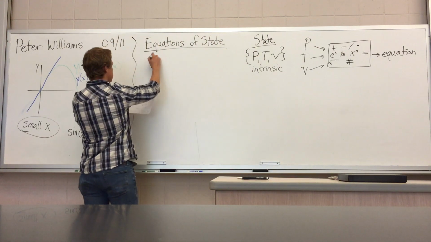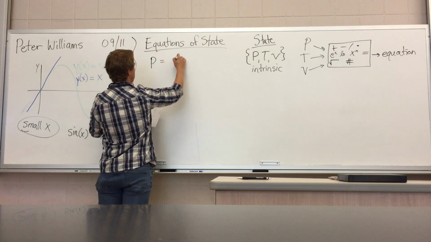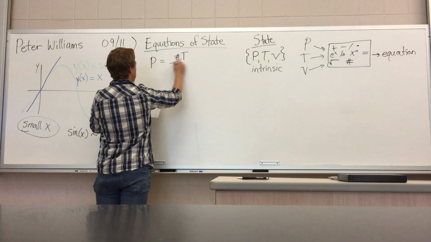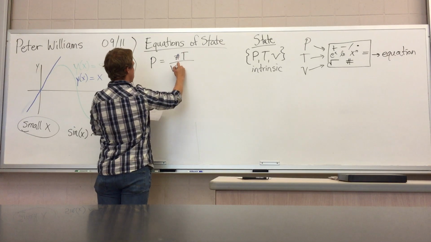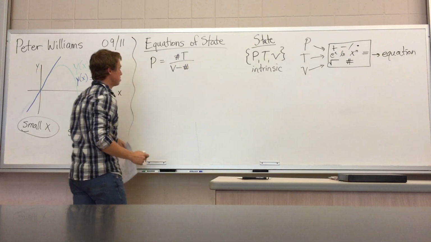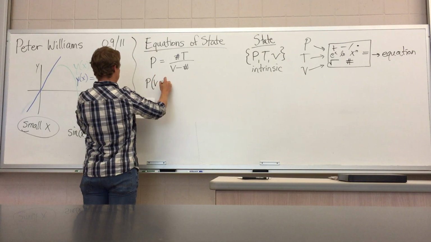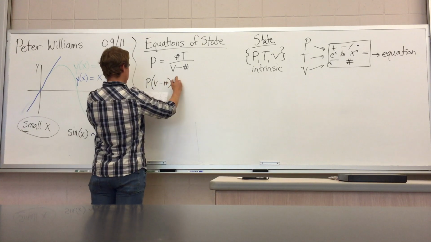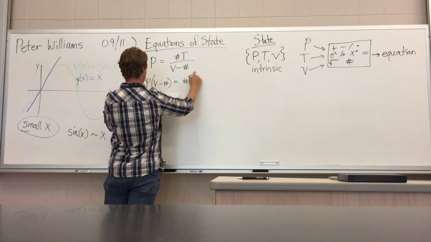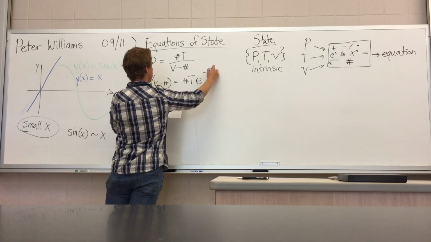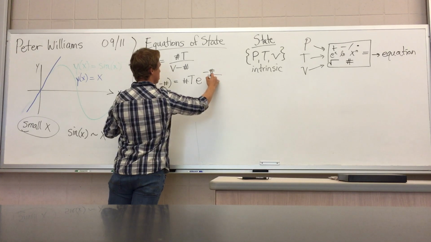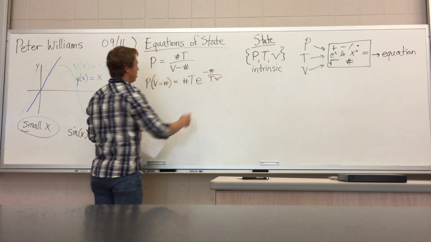I'm going to use my cheat sheet because I don't have all these memorized. I could do a number times temperature over the volume minus a number. Okay? I could do pressure times volume minus number equals some number times temperature times exponential, bring in an exponential into it, over temperature times specific volume.